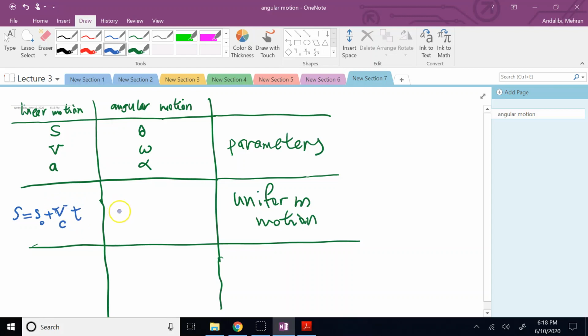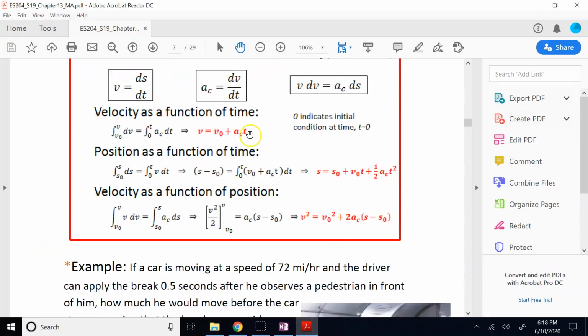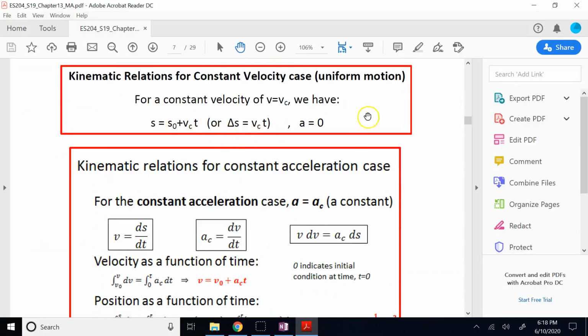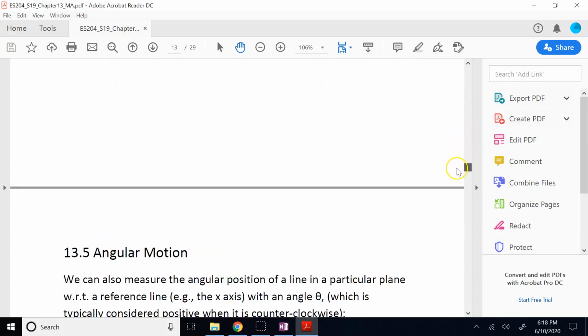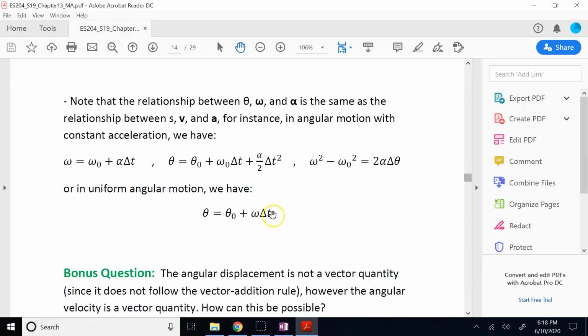Here I can get the same thing. Angular position is initial angular position plus constant angular velocity times t, right? So this formula here, now I can apply it to angular motion, and look, that's this formula.